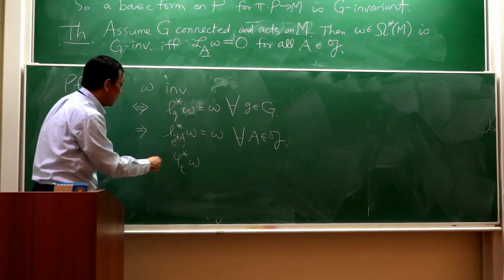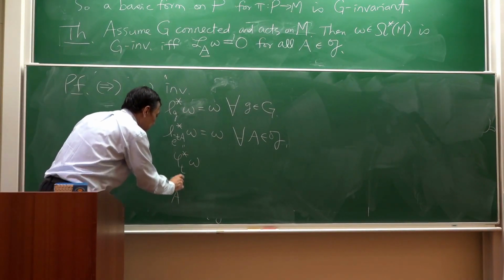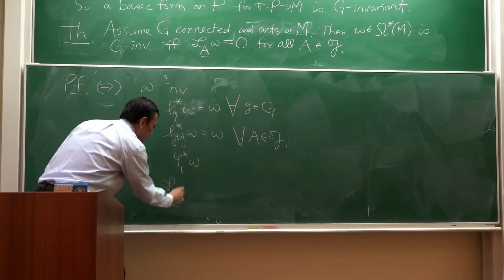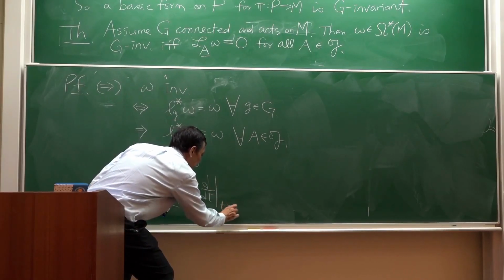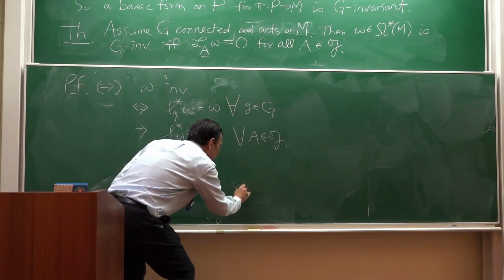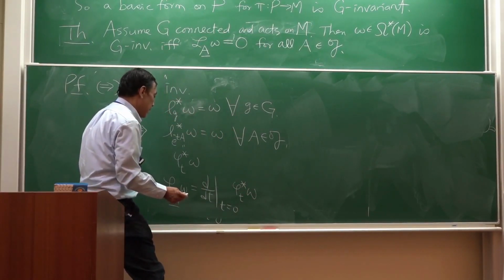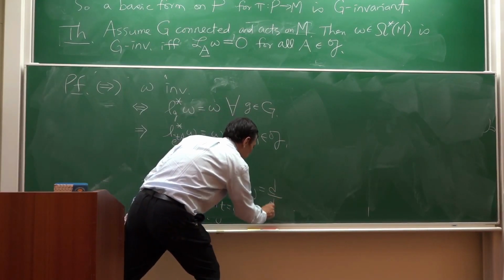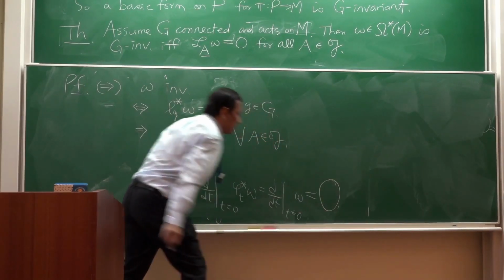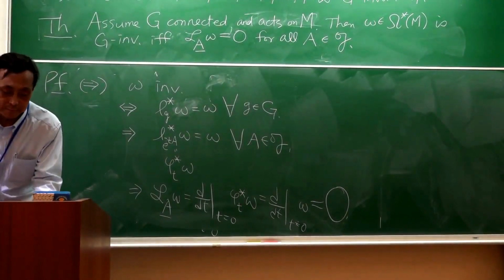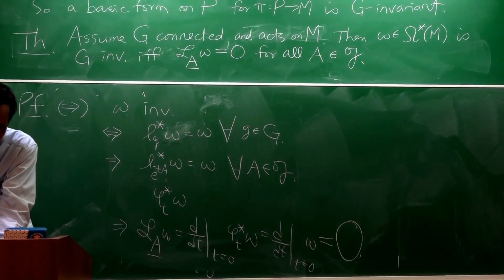And the Lie derivative with respect to A bar is the derivative at time 0 of the pullback by the integral curve of A bar. And so this is d/dt of a constant, and therefore it's 0. So in one direction, it's pretty obvious.